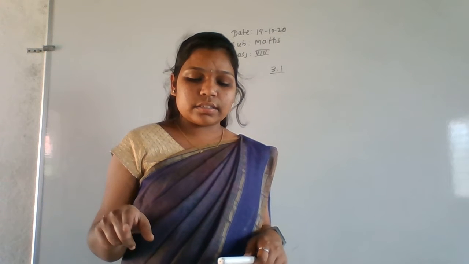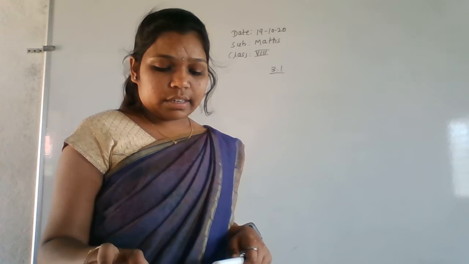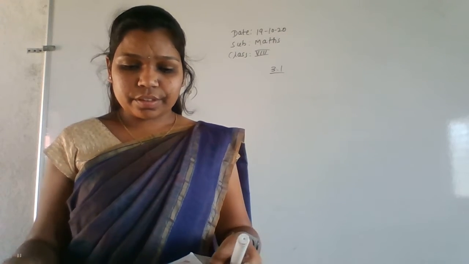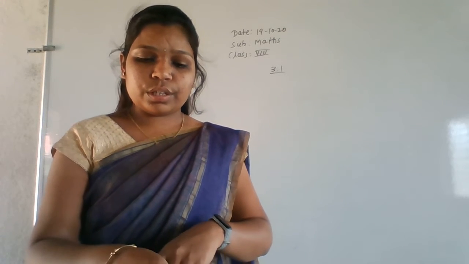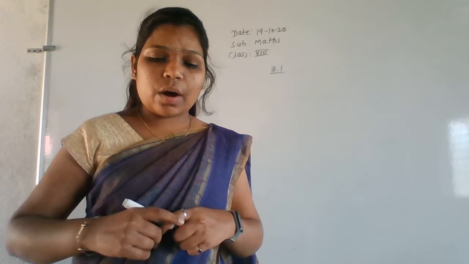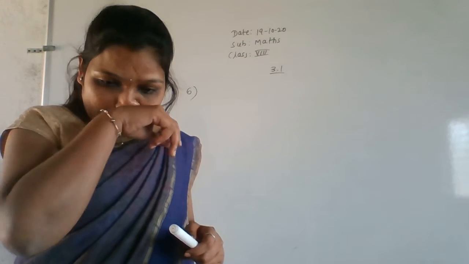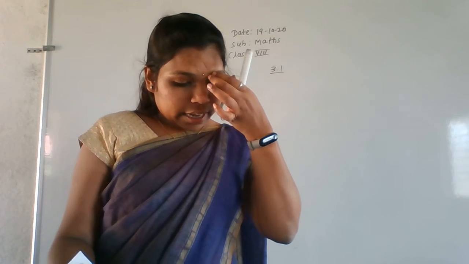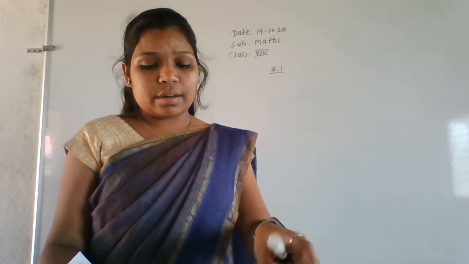Hence write 7 square as a sum of two triangular numbers. Okay, so wait one second. Using 7 dots, we have to draw the triangle. And after that what they told here, hence write 7 square as a sum of two triangular numbers.